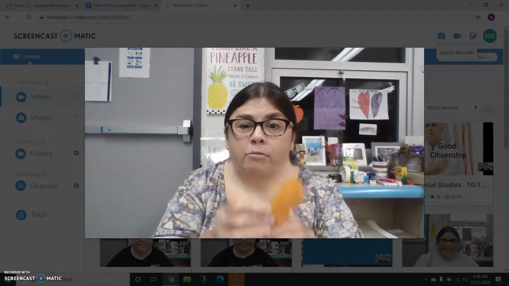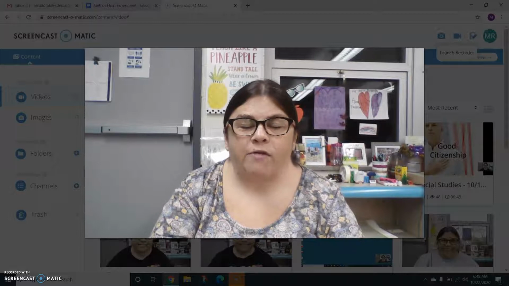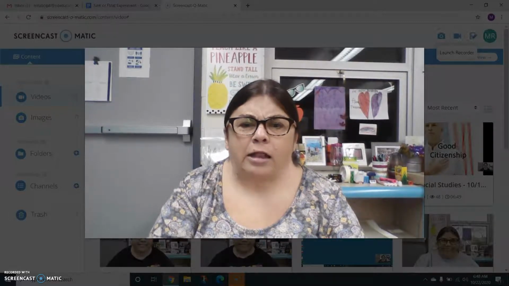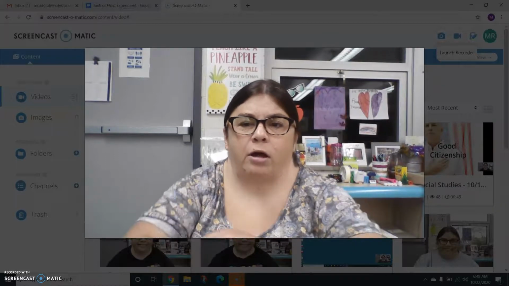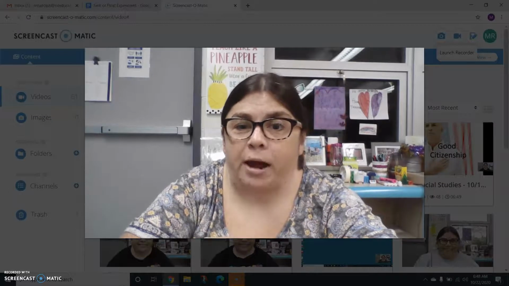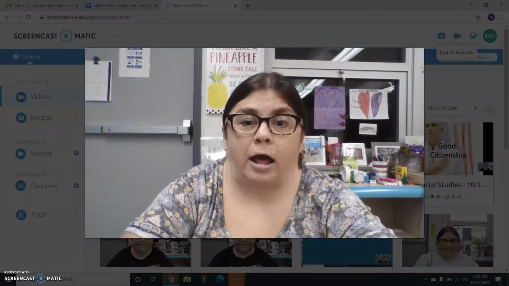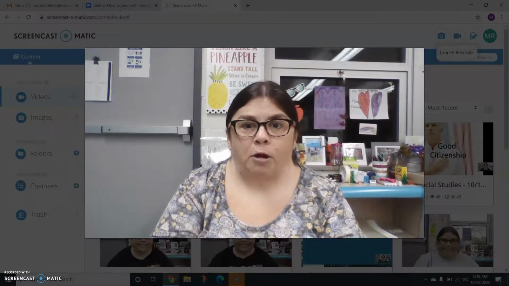I saw two objects, I observed them, then I asked myself a question. Well, if I drop these two items at the same time, at the same distance, which item is going to fall faster, the block or the feather? I made my prediction or my hypothesis. I said that I thought the block was going to fall faster because it's heavier. I did my experiment.